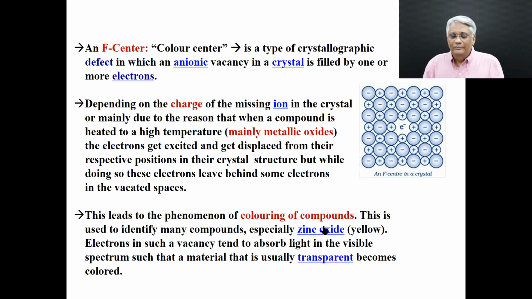So if I take zinc oxide, it's a wide band gap semiconducting material, a band gap of about 3.4 electron volts, and so basically these wide band gap semiconductors are transparent to visible light.